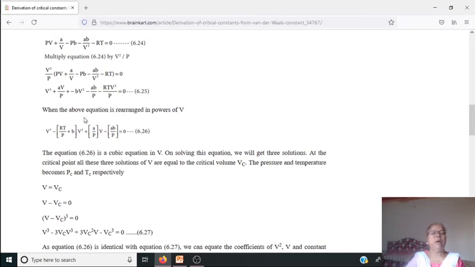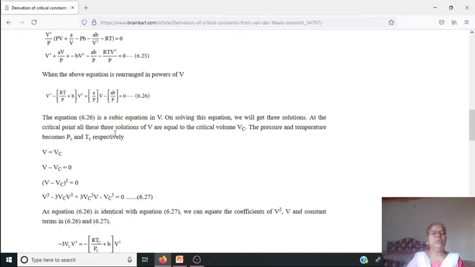Then the above equation is rearranged in powers of V. We can write here V cube minus (RT by P plus B) into V square plus A by P into V minus AB by P is equal to 0.